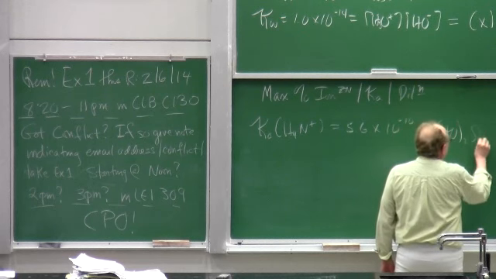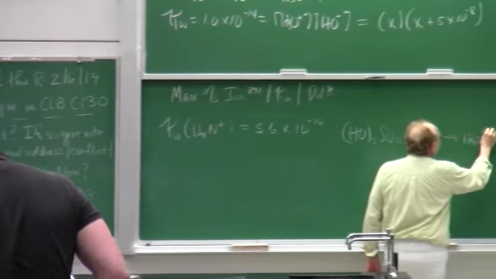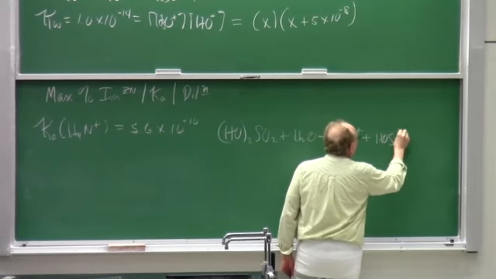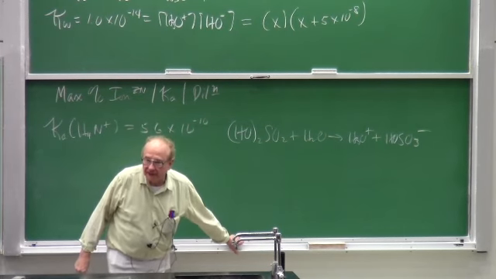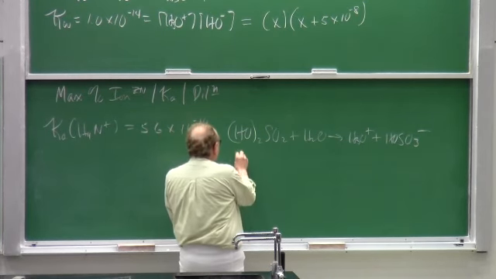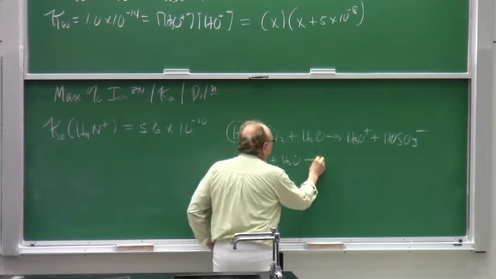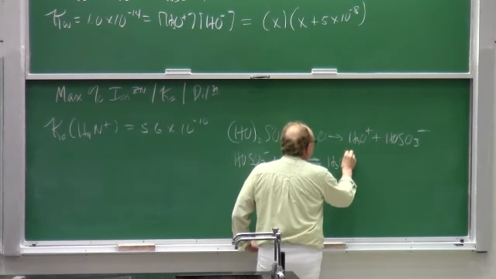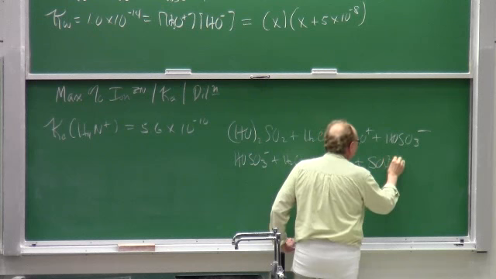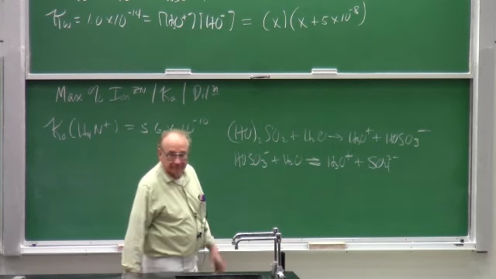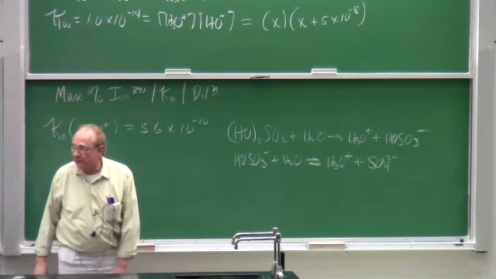What I want to do is to write the relationships right now, which you have to pay attention to, to wrestle with this system. There they are. These are the reactions of consequence when you make a sulfuric acid solution.